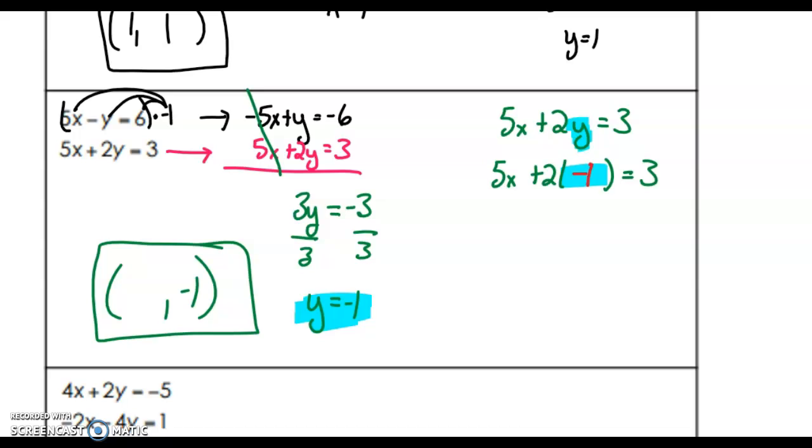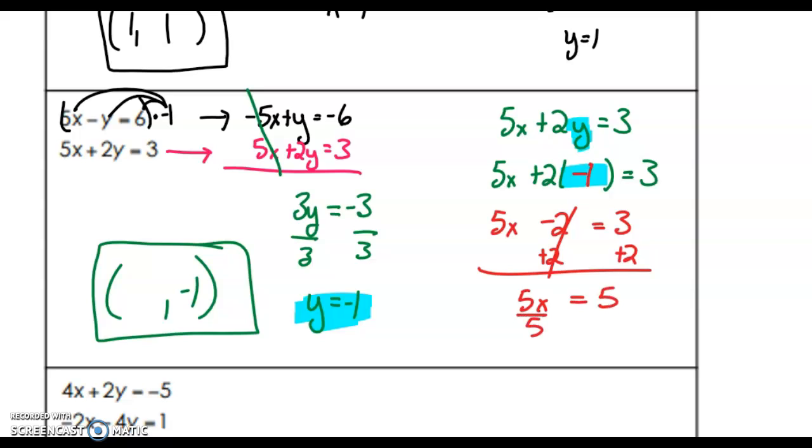So you have 5x, 2 times negative 1 is negative 2, and it still equals 3. Add the 2, and that gets 5x equals 5. Now to get x by itself, divide by 5, and you get x equals 1. So your answer is the point (1, negative 1).